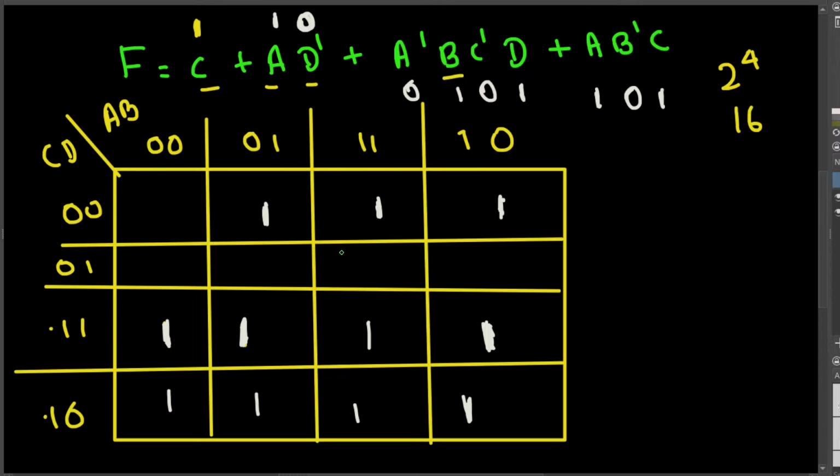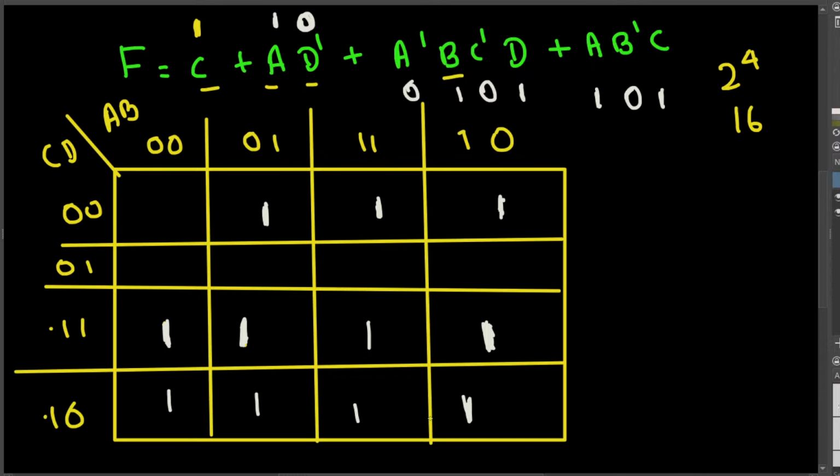Let me double check that I have taken care of everything possible. We have 1 when C is 1: these 2 rows, we take care of everything. And we have 1 when A is 1 and D is 0. A is 1 in these two columns, and D is 0 in this row and also this row.